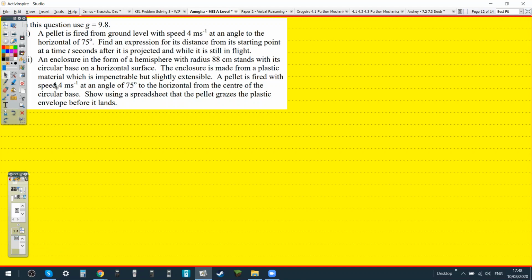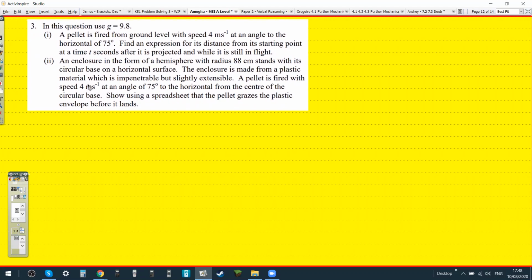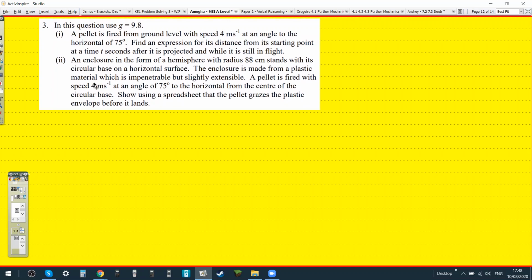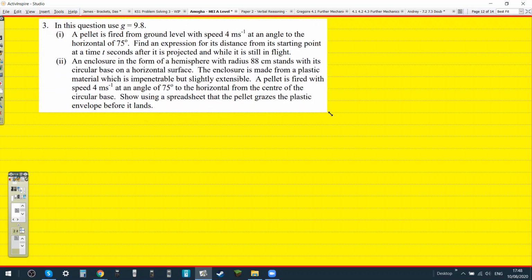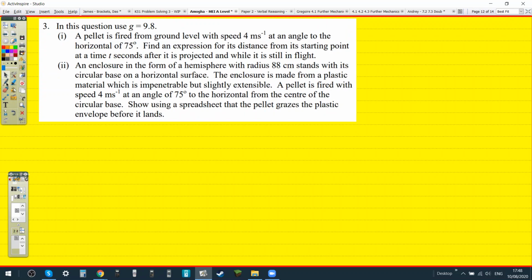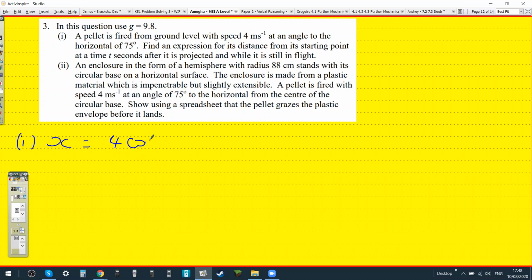Okay, how about this one? Distance from its starting point. I don't know if that's x or y. I think it's just both. So for x, it would be 4 cos 75 times t.